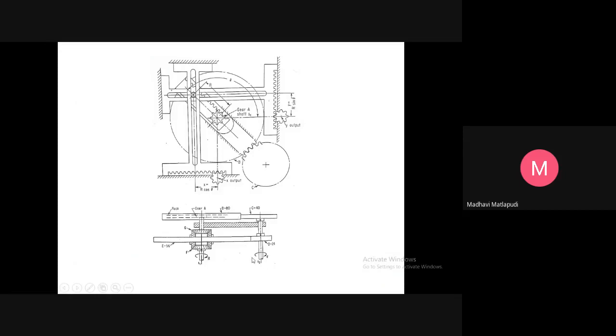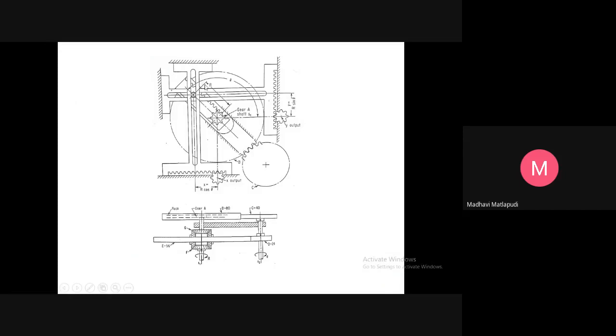Now with shaft S1 fixed, gear G, which turns gear A, will also turn twice as far as gear E. So shaft S1 is held stationary, and the rotation of shaft S2 will cause gear A to turn with gear B. So gear A and gear B will turn together.